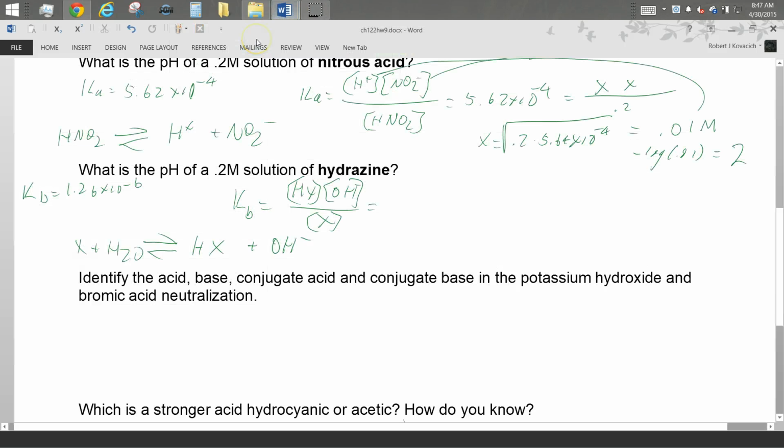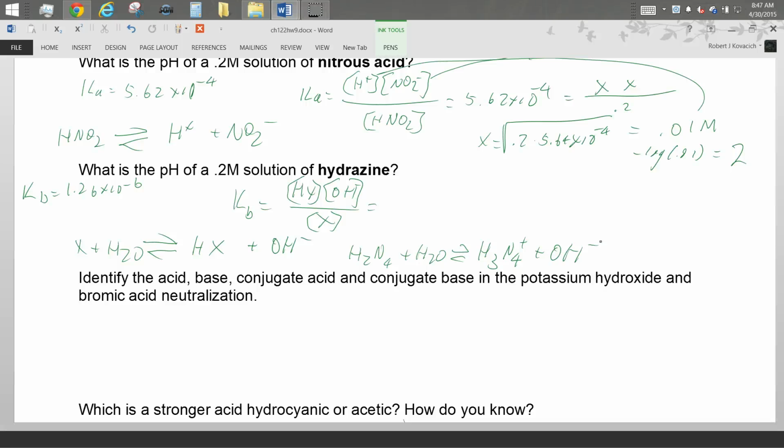Okay, so that's what actually happened in the problem, right? Or in the reaction. The hydrazine was messing around in the water, grabbed an H off of the water. It became positively charged, leaving behind the negatively charged hydroxide ion to float around.